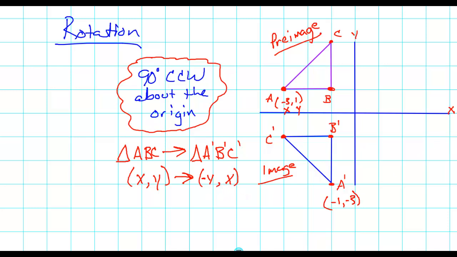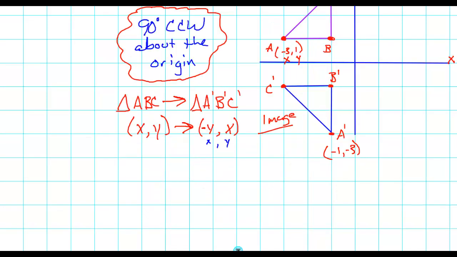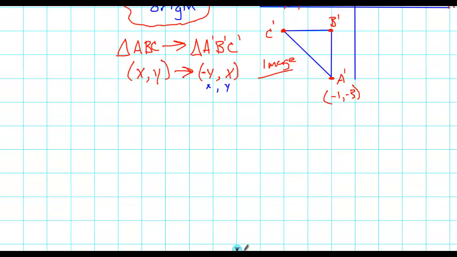Now this is kind of confusing: in our image, our second picture, the x and the y values of that point come from the -y of the pre-image and the x of the image. So you might have to watch that another time or two if it didn't make sense to you, or you can ask in class. Maybe I just butchered it so bad nobody's going to understand it.